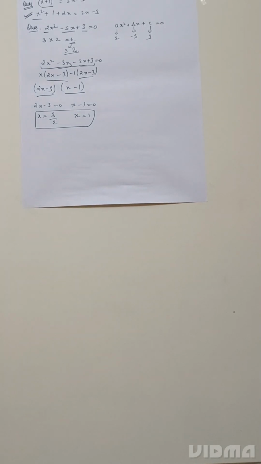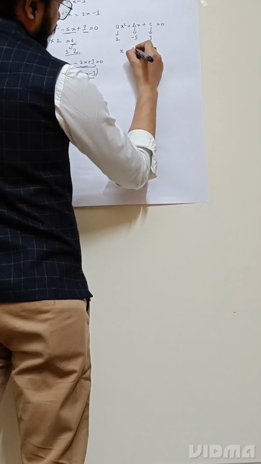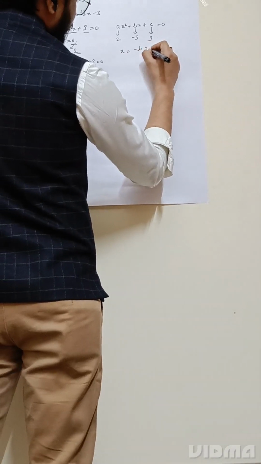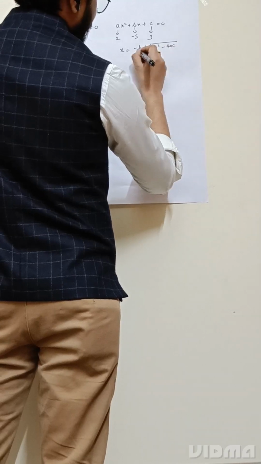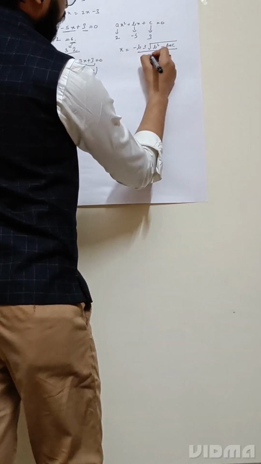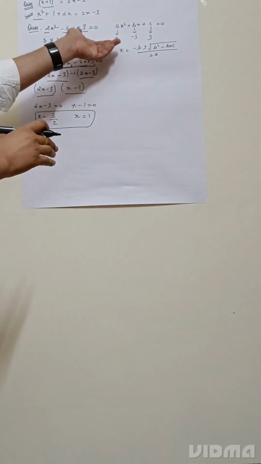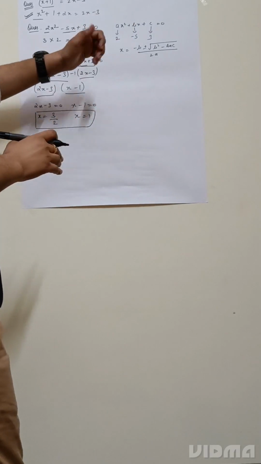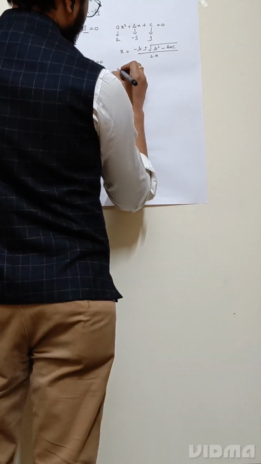In the quadratic formula, we can find the roots by x is equal to minus b plus minus root of b square minus 4ac, upon 2a. So we have the values of a, b and c, and when we put these values in the quadratic formula, we can easily get the roots.